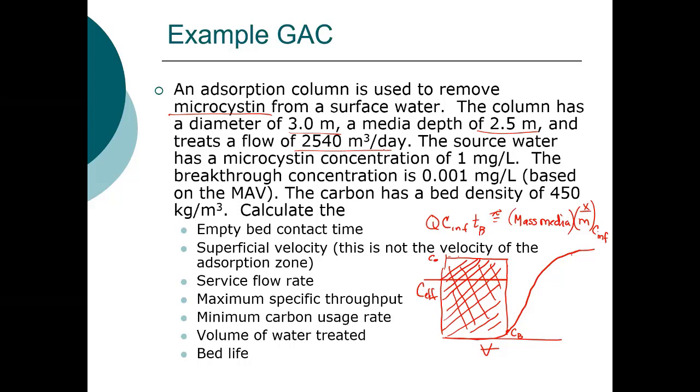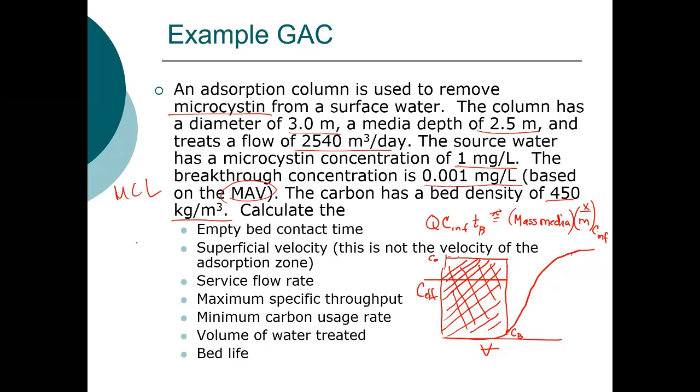It's treating a flow of 2,540 cubic meters per day. Source water has 1 milligram per liter. Our breakthrough concentration is 0.001 milligrams per liter, and that's based on, I forgot to change this, this is actually the term, it's the MCL. MAV is maximum allowable value, and it's what's used in New Zealand. And I didn't realize that I hadn't changed that.